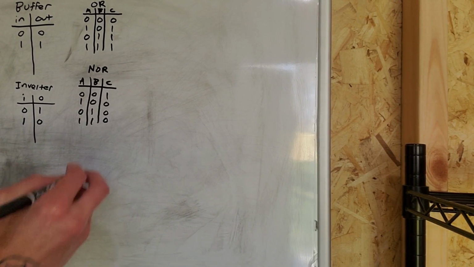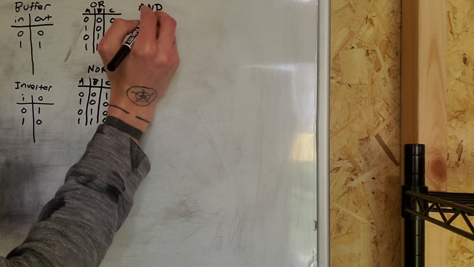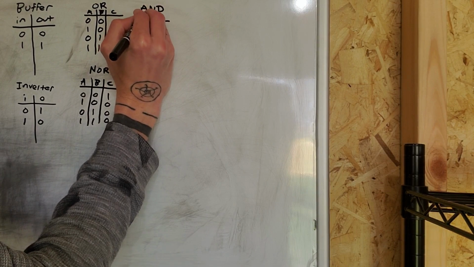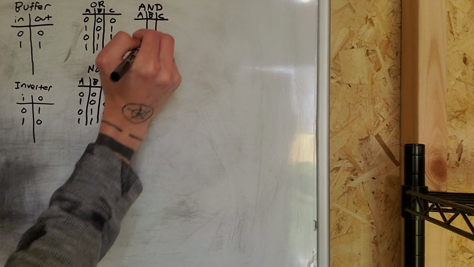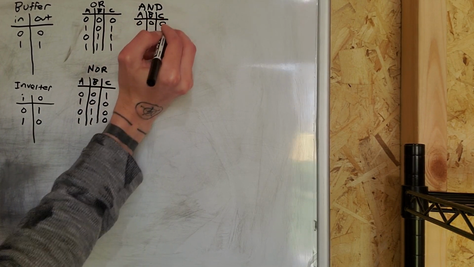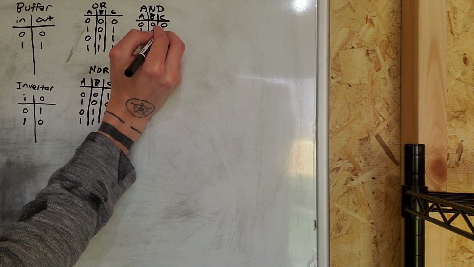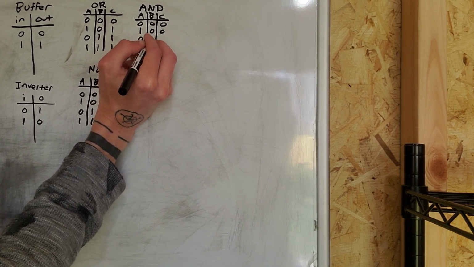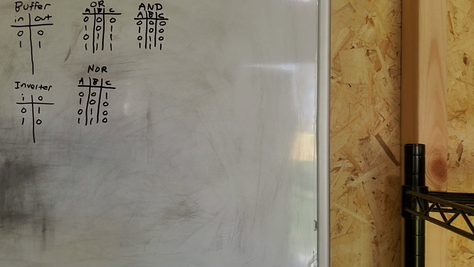So then we have the AND gate. Now 0 and 0, or 0 times 0 equals 0. 1 times 0 will equal 0. 0 times 1 will equal 0, and 1 times 1 will equal 1.